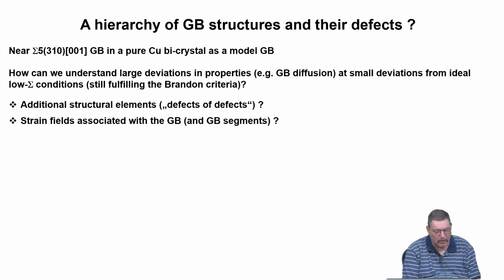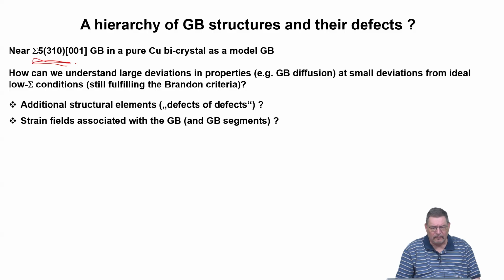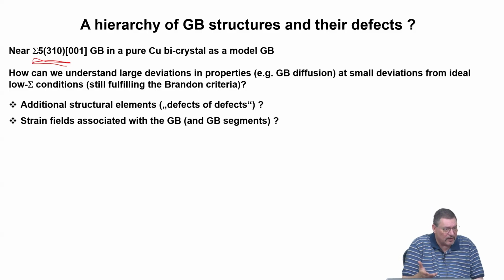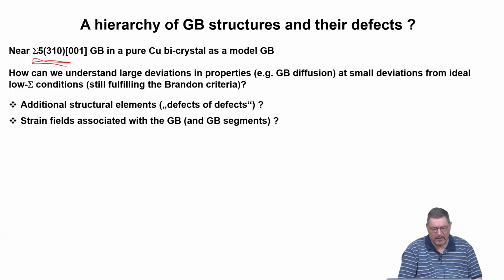And in order to analyze this experimentally as well as with computer simulations, we analyzed experimentally a kappa bicrystal. As model grain boundary, we were taking this sigma 5 310 grain boundary. And there were deviations, as there always are if you have an experimental system. In the end, we would like to relate this to grain boundary diffusion changes.